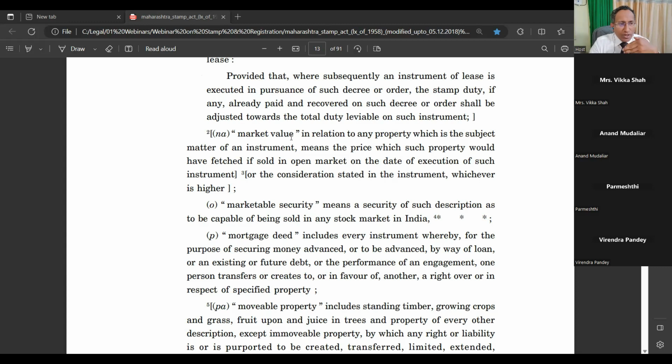Okay. So now, what will happen in this kind of situation when we are talking about market value? Let me also touch upon income tax. In the example I gave, a flat's market value comes to 1 crore 20 lakh, but the transaction is being done for 1 crore rupees. The stamp office will collect the stamp duty on 1 crore 20 lakh.